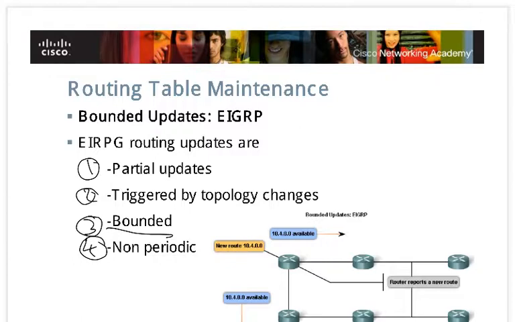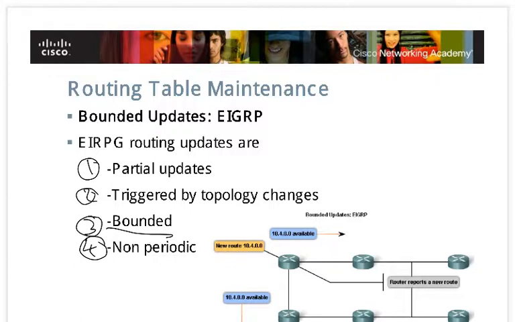Right? If I talk about periodic updates, then every 30 seconds I report the entire routing table. So in order for any change to propagate throughout the network, you need minutes. You need many rounds until this change propagates to the entire network. But if you do trigger-based, then you reach faster.